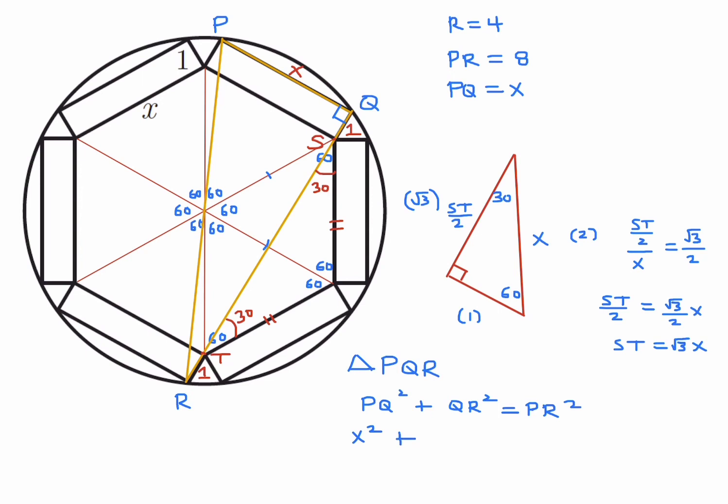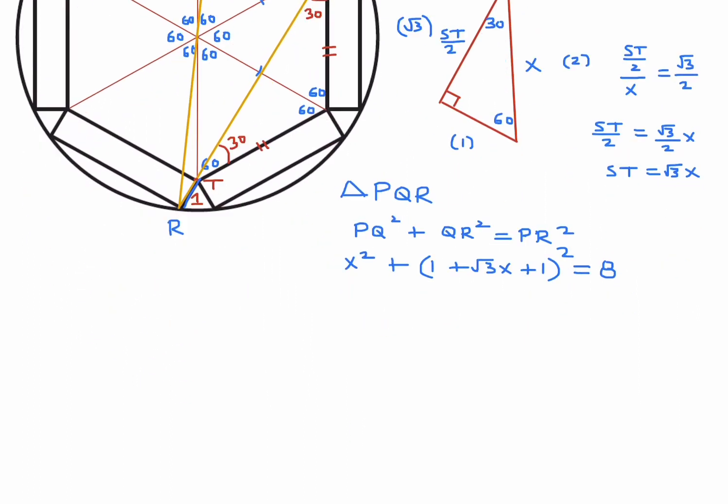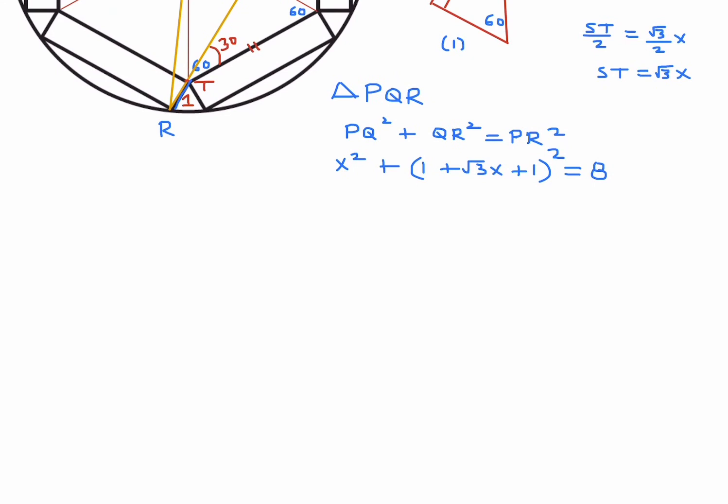QR, okay, QR is first, you got this distance, which is 1. Then we got from S to T, which is root 3 x. And then we've got this little guy here from T to R, which is 1. And all of that squared. And then PR is just 8. So this is the equation we have to solve.